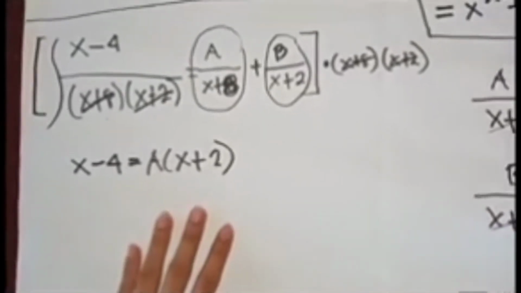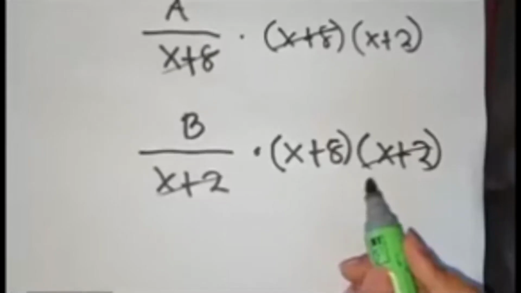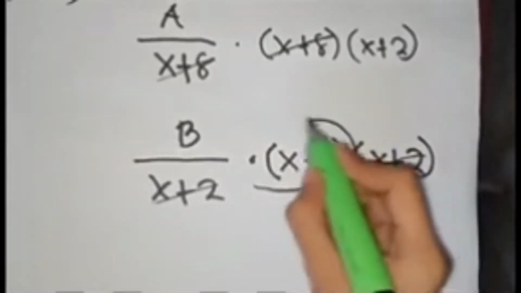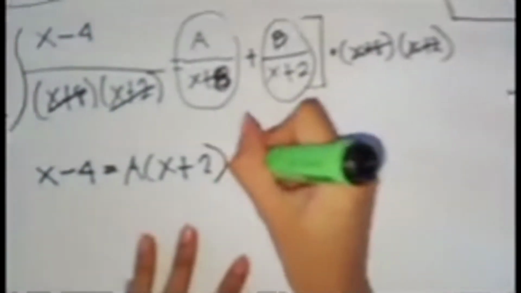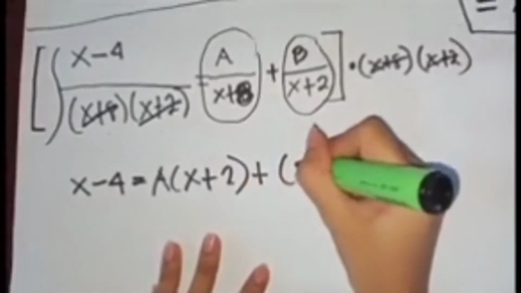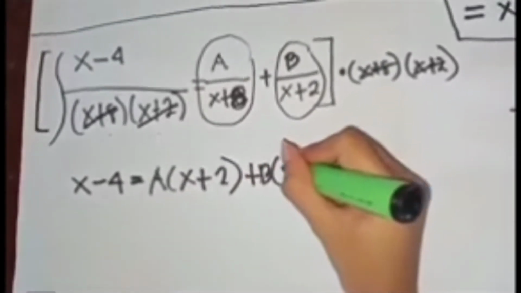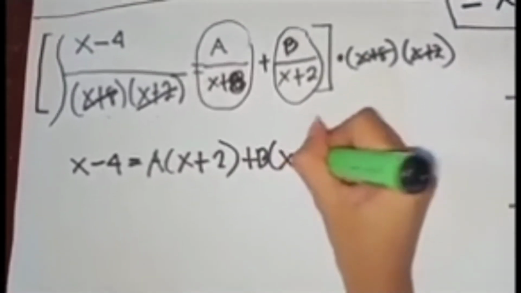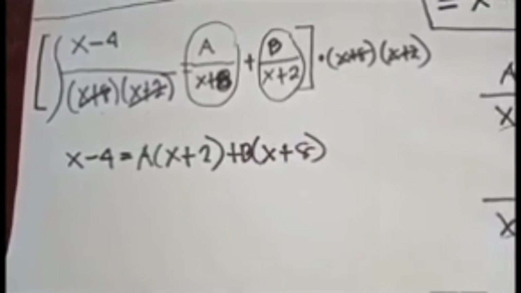Let's go back to our first equation. We will take this and put it here, plus B times (x plus 8). Again, let's rewrite.